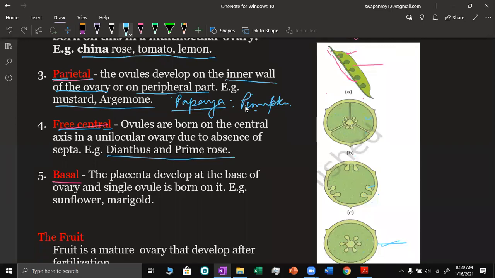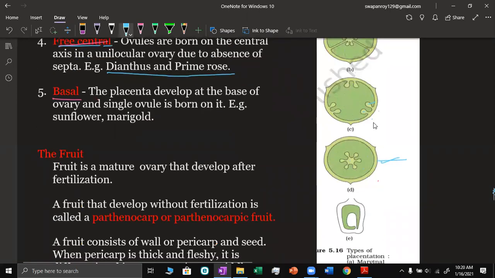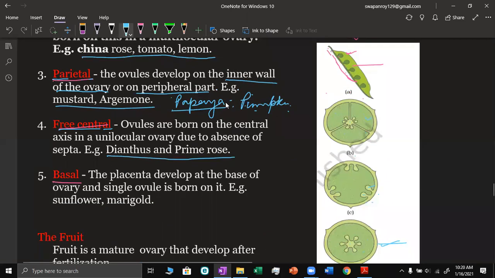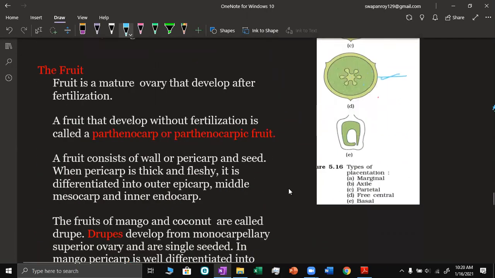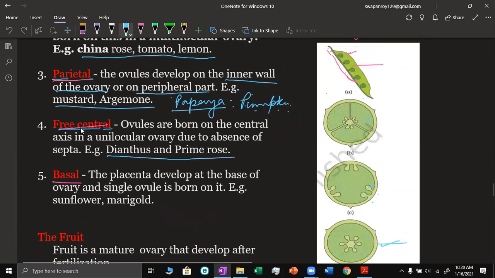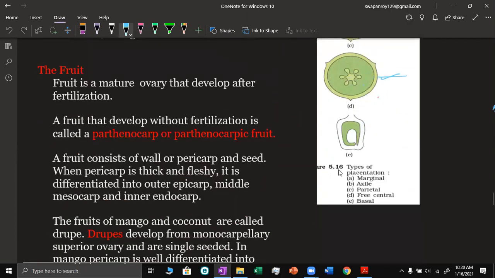In the pumpkin also you will get this type of parietal placentation. You will get the parietal placentation also in the cucumber.